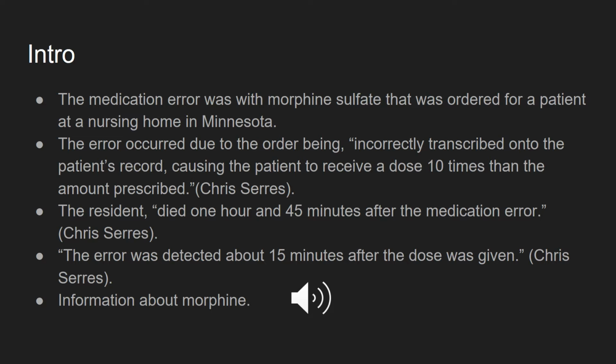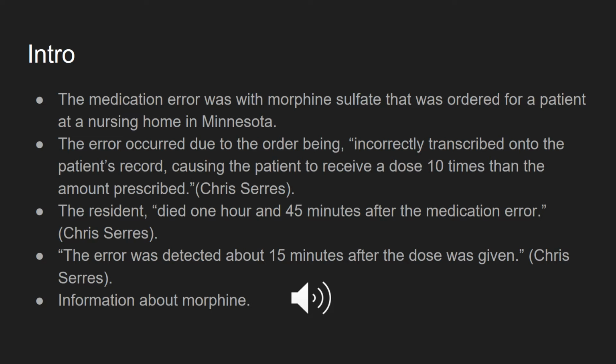So the error was discovered 15 minutes after it was given. The patient was given Narcan, but the patient's breathing had decreased to 2 breaths per minute when they were going to give the second dose of Narcan. The patient had already passed away before the nurses and staff could administer that Narcan.